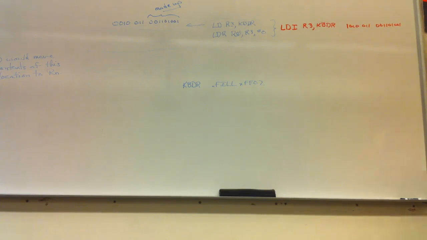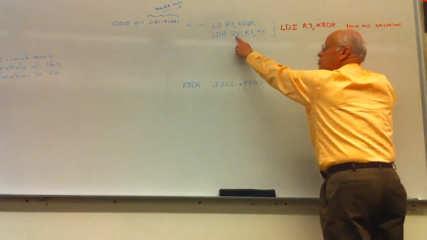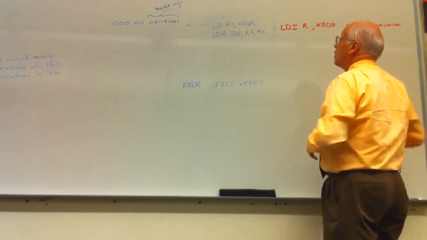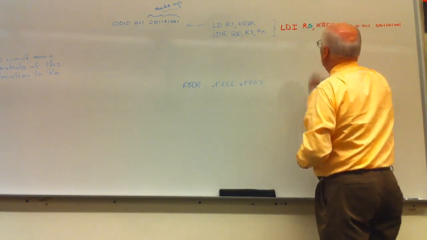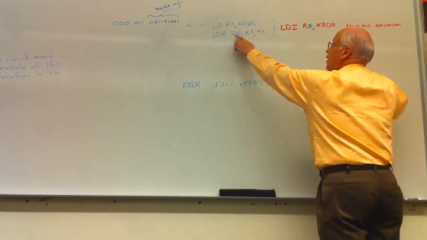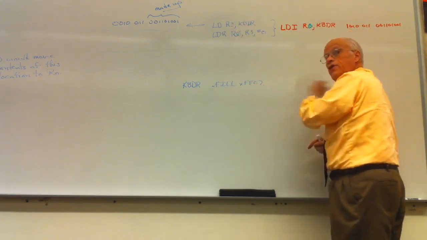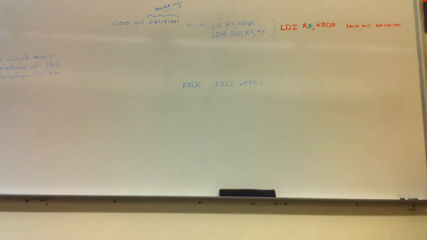At the end of either of these sequences, register 0 will contain what is in location FE02, way out here someplace. It will contain that value that it holds. Okay, that helpful?